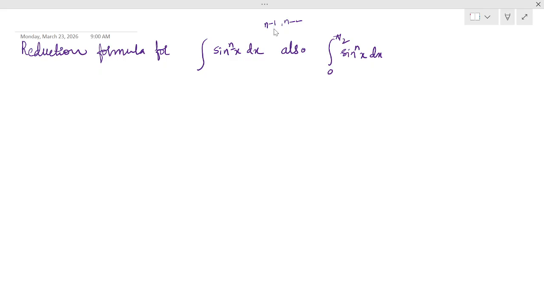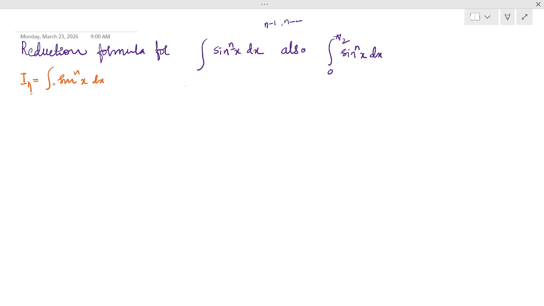Fine. Now let us discuss the reduction. What is the reduction formula for sin raised to n x in terms of n minus 1, n minus 2? To achieve this, we will start with I_n. I_n is equal to the integral, we are taking indefinite, of sin raised to n x dx.